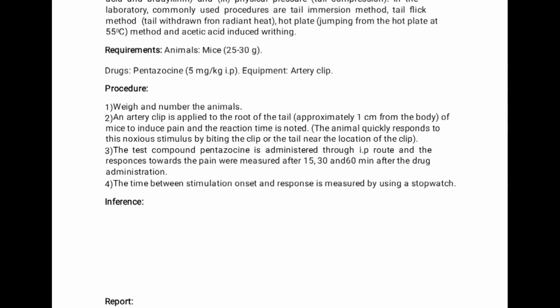The clip is withdrawn from the mouse to avoid damage. The cutoff time is 10 seconds. The test compound pentazocine is administered by the intraperitoneal route, and the response time towards the pain is measured after 15, 30 and 60 minutes. The time between the onset of stimulation and response is measured with a stopwatch, and the results are interpreted to see whether the drug produces analgesic activity or not.